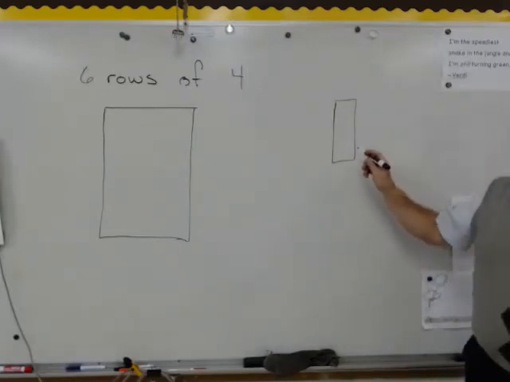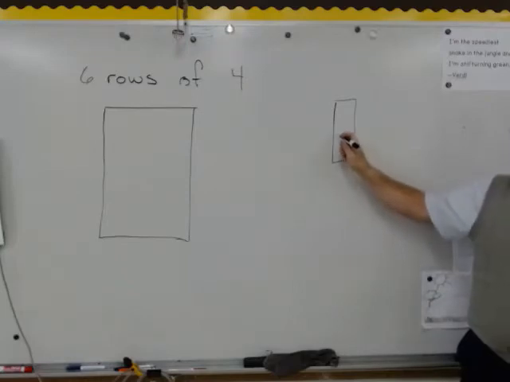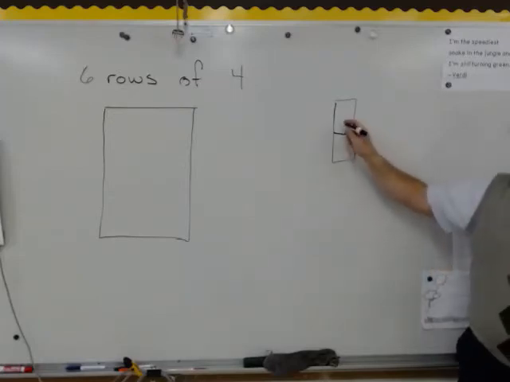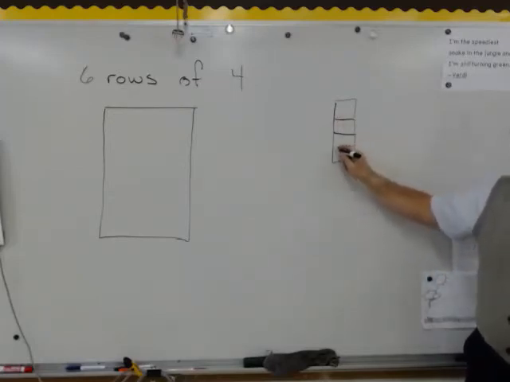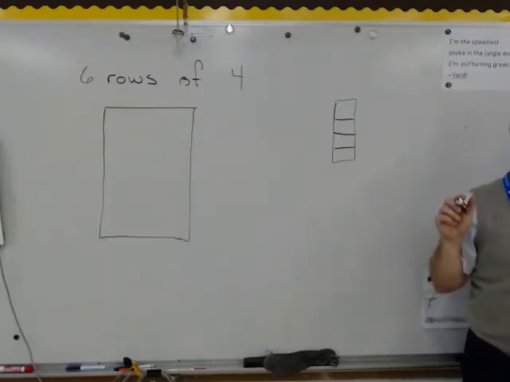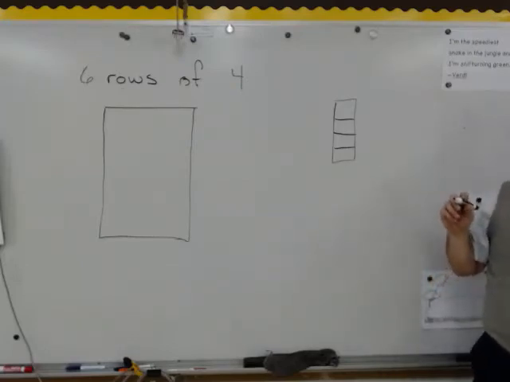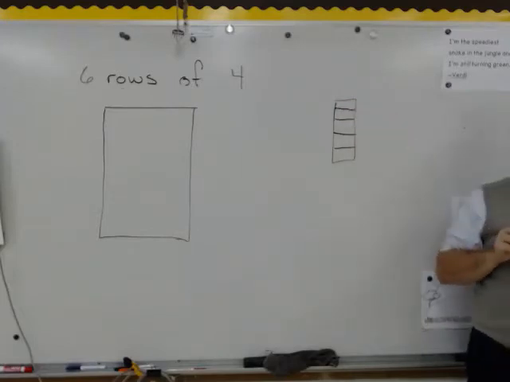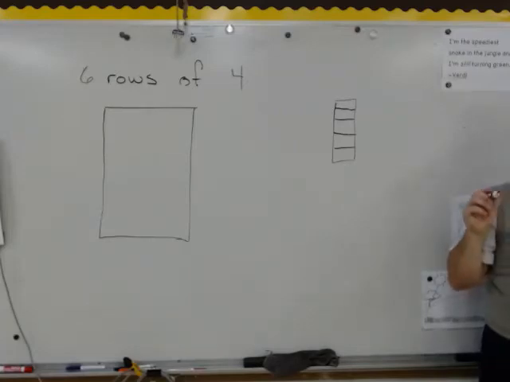If I make one line or one cut, how many pieces do I end up with? 2. Okay? If I make 3 lines, how many pieces do I end up with? Lily? 4. Okay. If I make 4 lines, how many pieces do I end up with? 5.